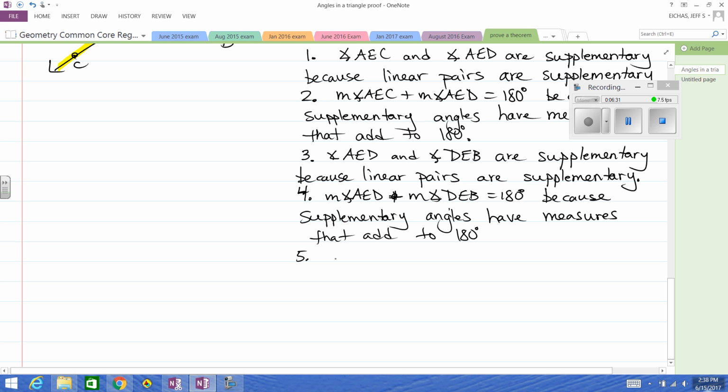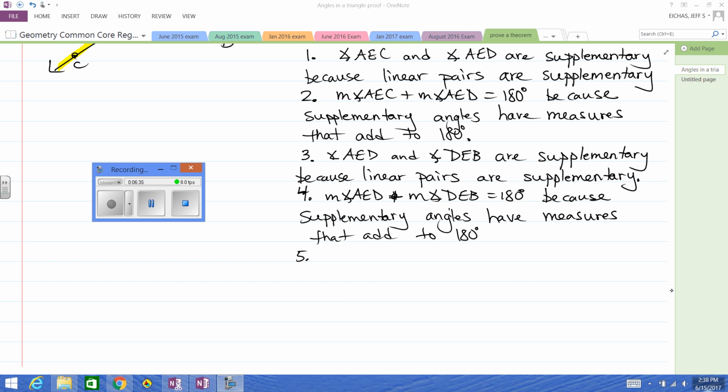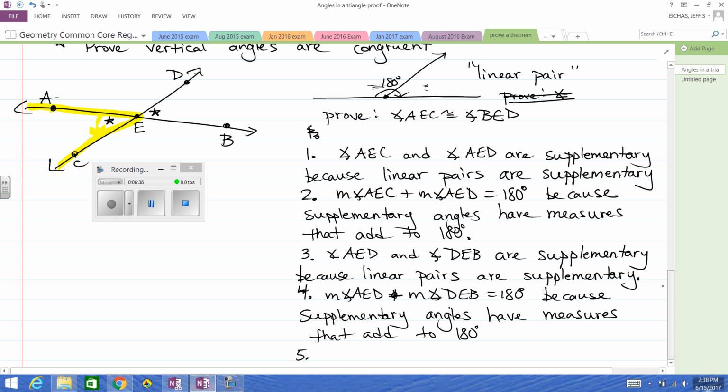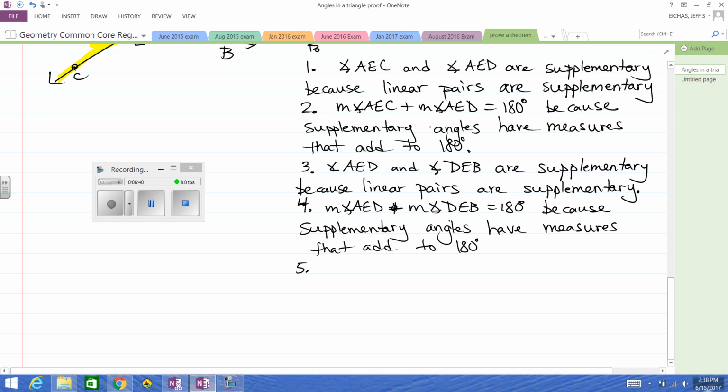You can handle it however you would like. The algebra I'm going to work on is I'm just going to subtract the measure of AED from both sides of this equation. So the measure of angle AEC will equal 180 minus the measure of angle AED.